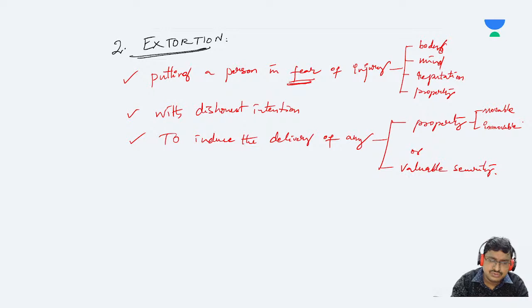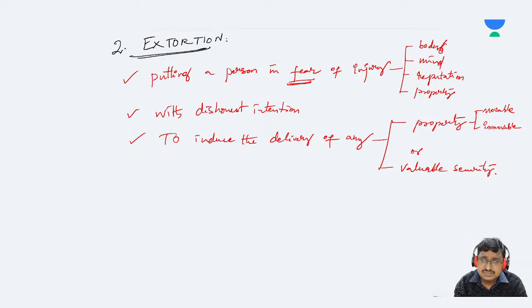Now let us see a few illustrations, friends, in order to understand the concept of extortion. Under extortion there is a consent, but this consent has been obtained by the accused person from the victim by putting the victim in fear of injury to his body, mind, reputation or property, or by putting the victim in fear of causing injury to the body, mind, reputation or property of some other person belonging to the victim.